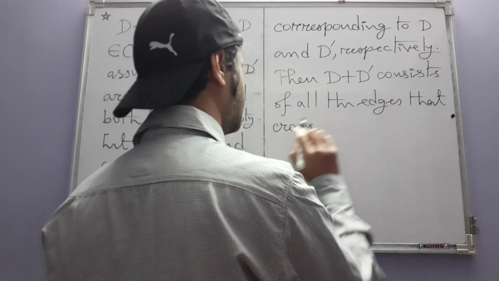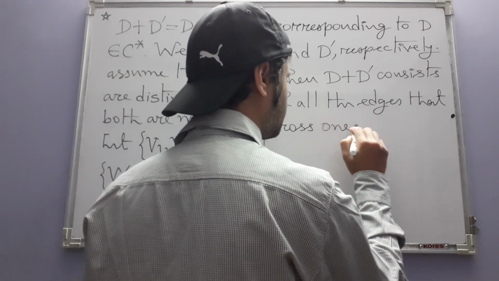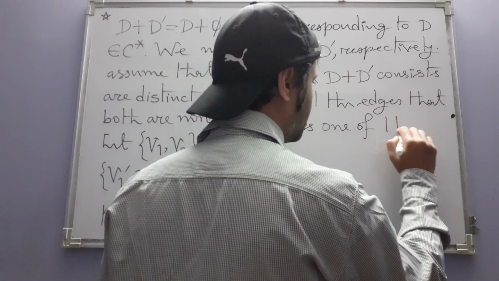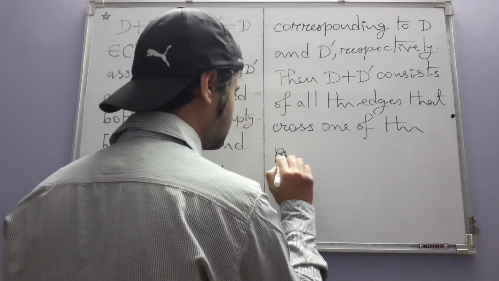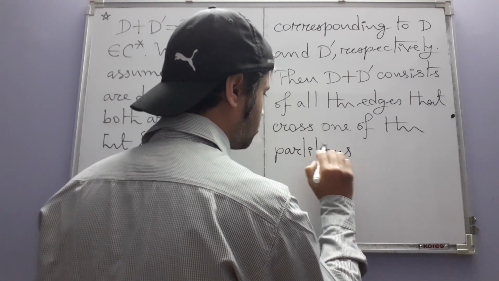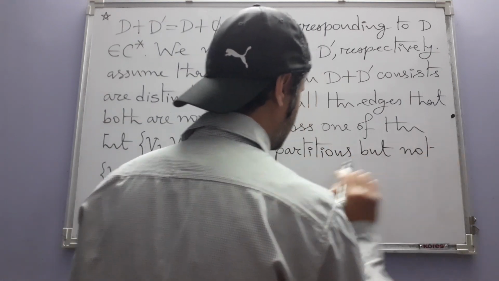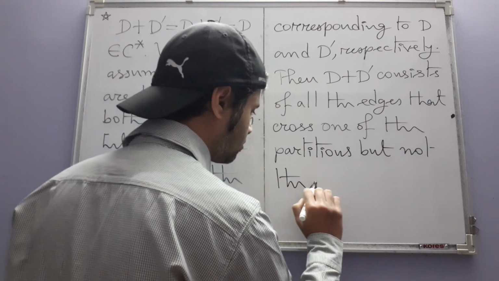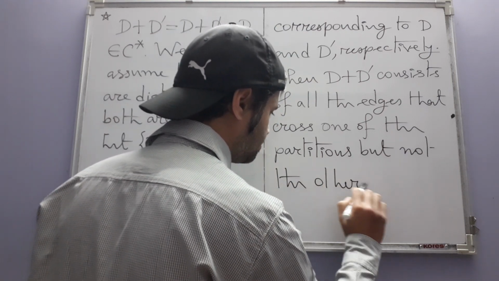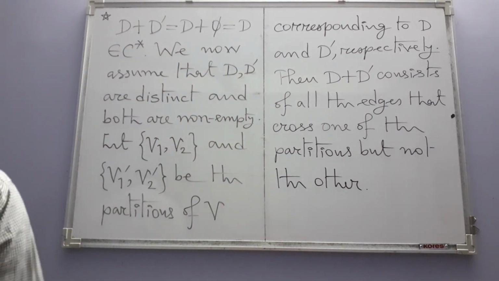D plus D prime consists of all such edges, all the edges that cross one of the partitions but not the other. And now there is a little diagram to show the situation.